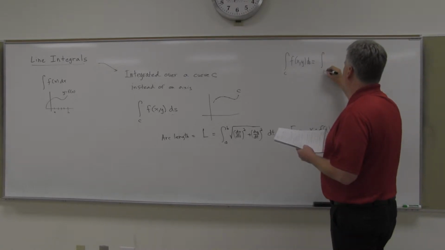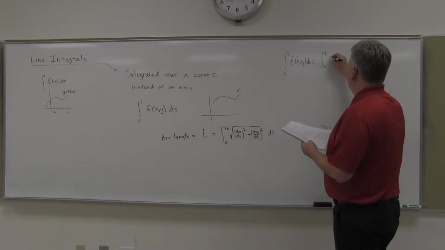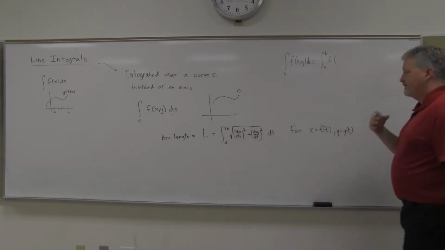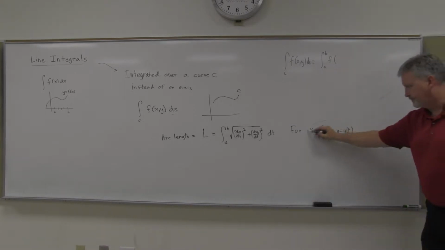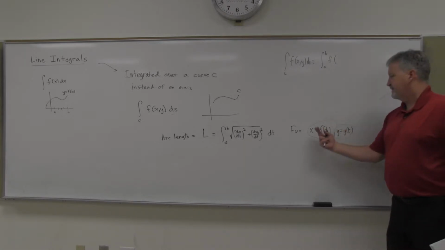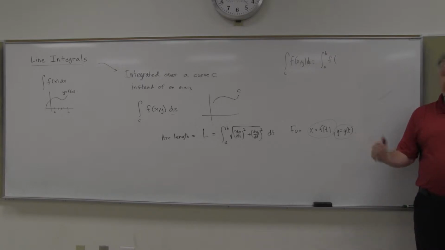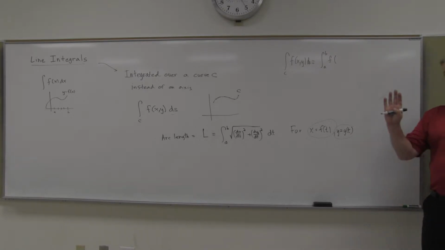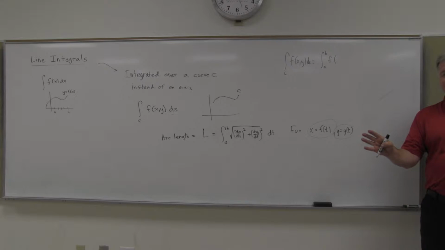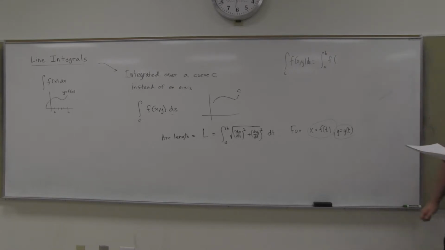We do the integral from a to b of f. What it's going to come down to is I'm going to need to get this curve in parametric form. Sometimes it may be given in parametric form, but likely it is not, so we'll have to deal with that.